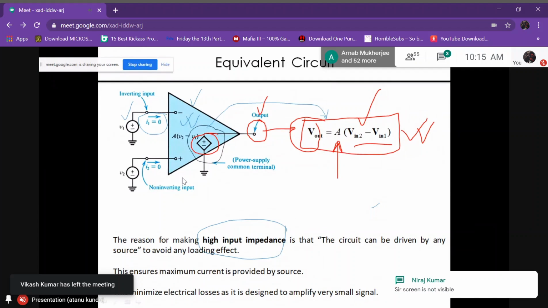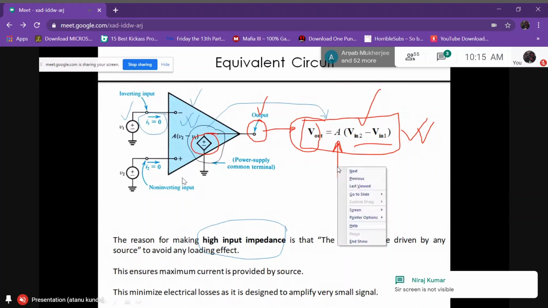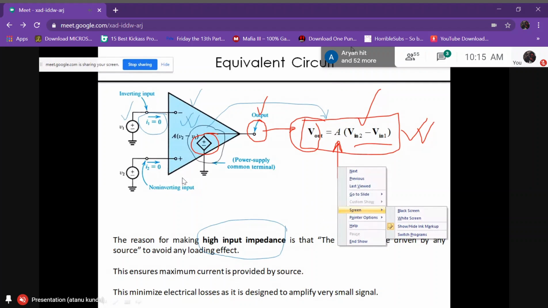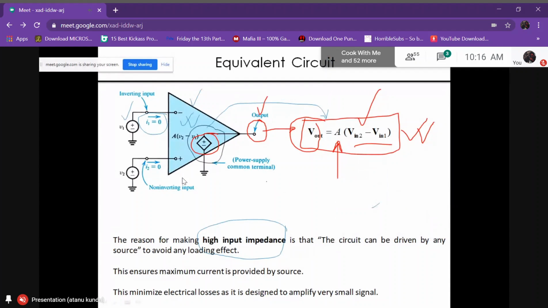That's why the op-amp circuit is designed so that the input impedance is very high, and if the input impedance is very high, then no current from the input signal will flow through the op-amp.